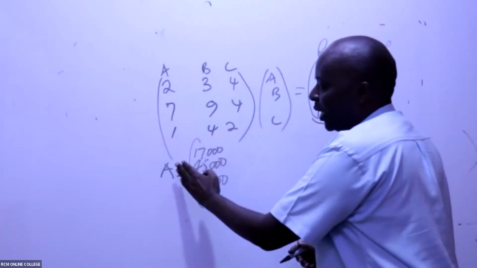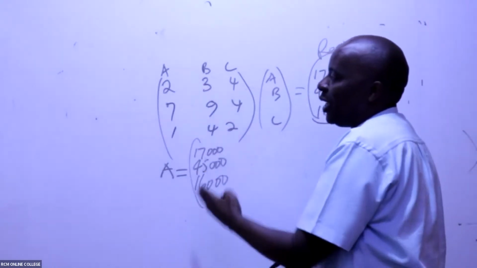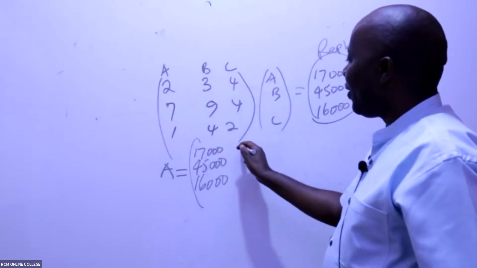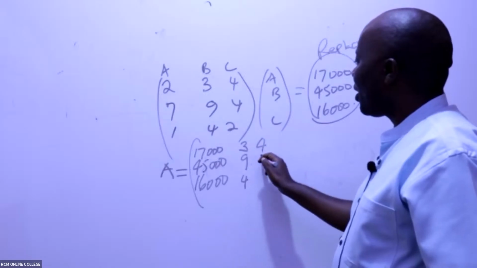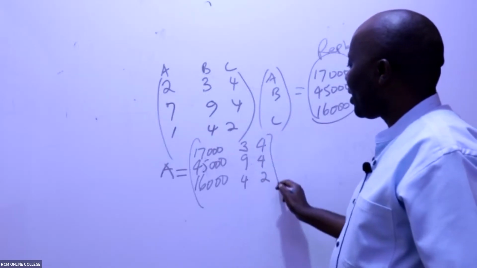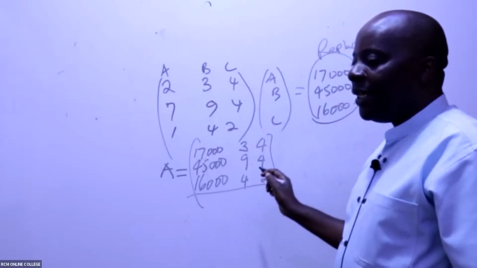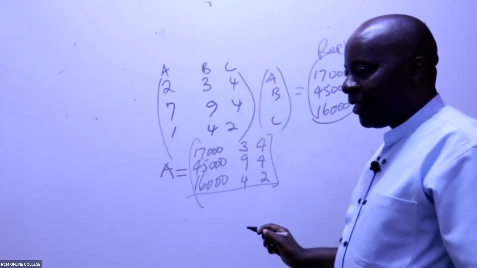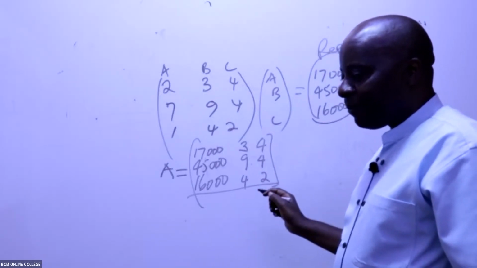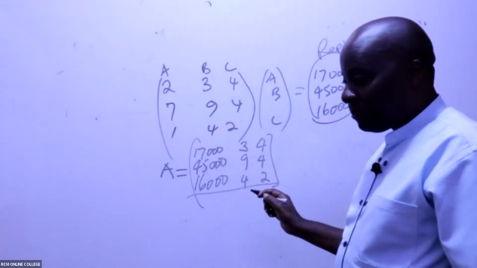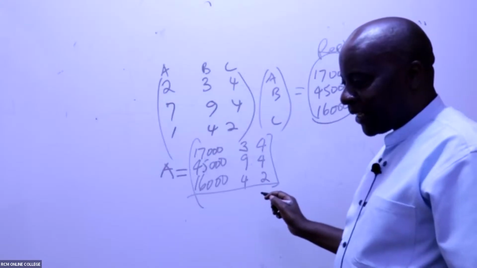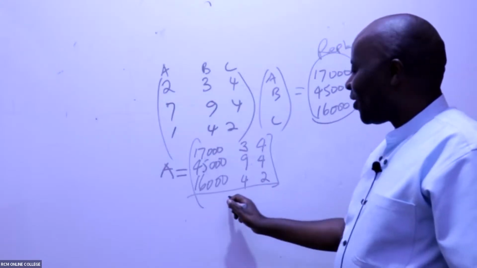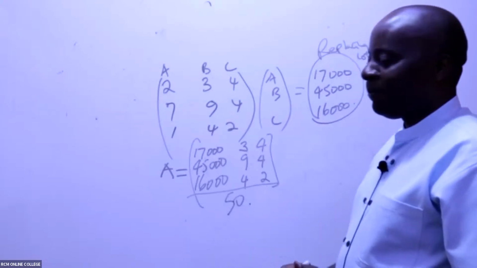If it's A, we only attack the column of A. The others remain. So we have here 3, 9, 4 and 4, 4, 2, like that. Divide by the determinant of the base. Do you remember the determinant of the base? It was 50. You divide this by the determinant of the base.